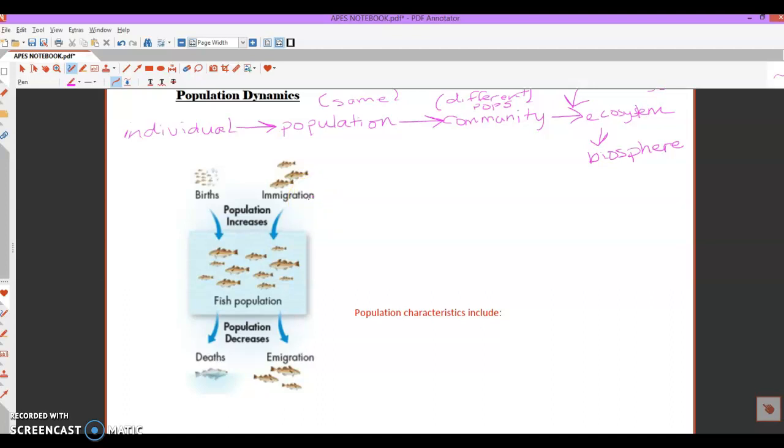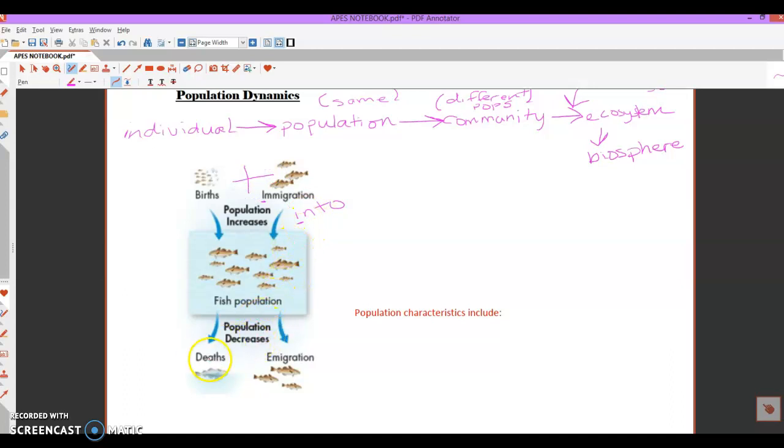And the way that I remembered the difference between immigration with an I and emigration with an E: immigration with an I means to come into a location or a country. See, they both start with I. Okay, so both of these are going to add to our population.